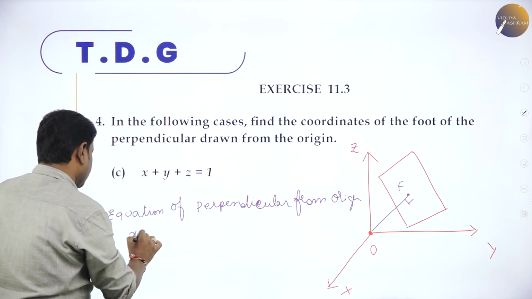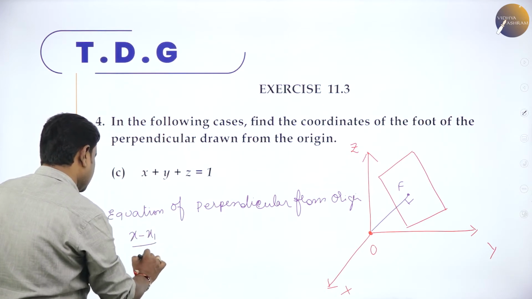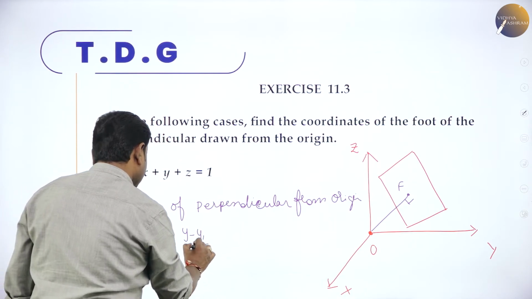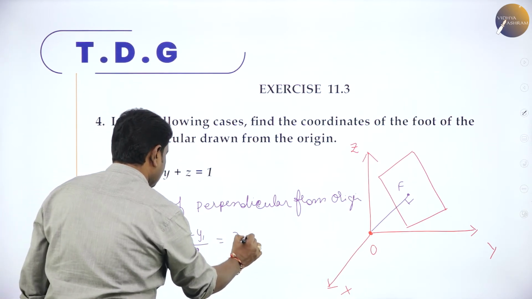What is the equation of a line? X minus x1 by a equal to y minus y1 by b equal to z minus z1 by c.